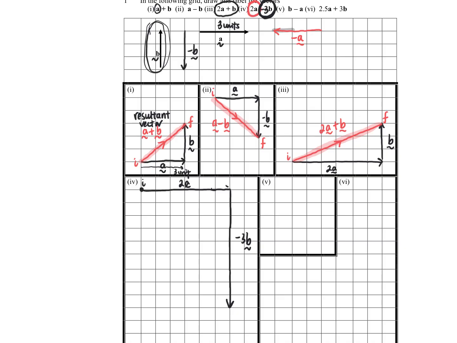Showing how it moves is good to have, so that you know where you are ending at. I means initial. This one is your final end point. So you know that moving 2A minus 3B will end you at that point there. So this is the final point.